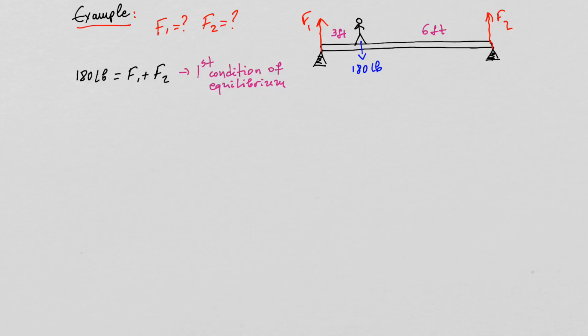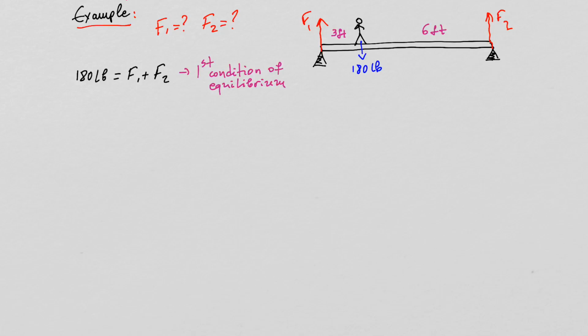Now, it's impossible to solve the problem because I only have one known quantity right now, and that is the weight of the person, and I have two unknowns, which are the two forces at the supports. So if I wanted to find those, I need one more relationship that will help me do that. And this relationship will come from the second condition of equilibrium, which is about torques.